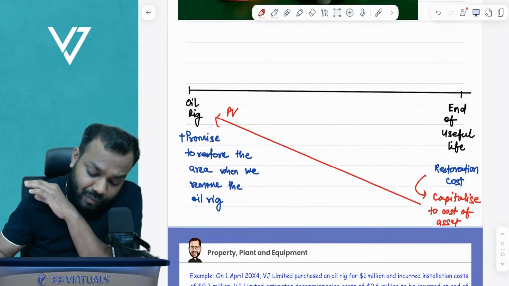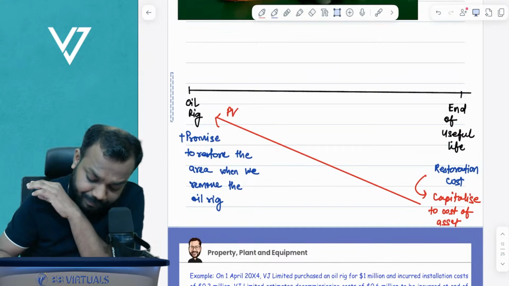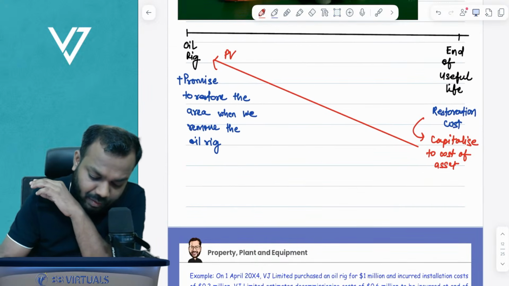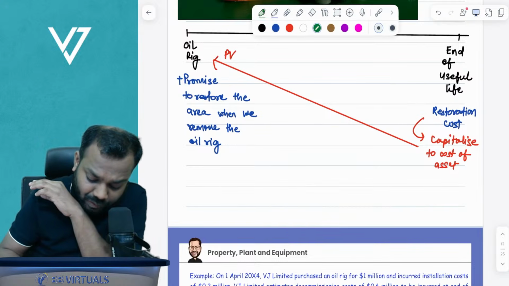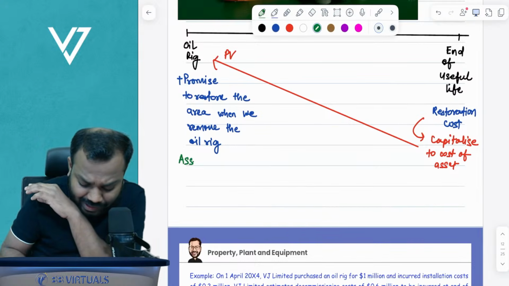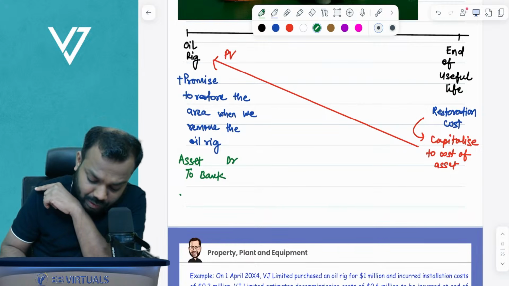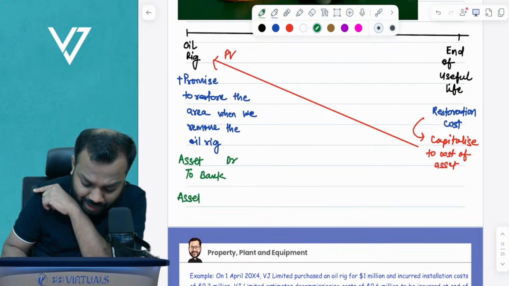Now understand, when we purchase the asset, we record the entry as asset account debit to bank. Now when we incur these costs, the entry will be asset account debit.